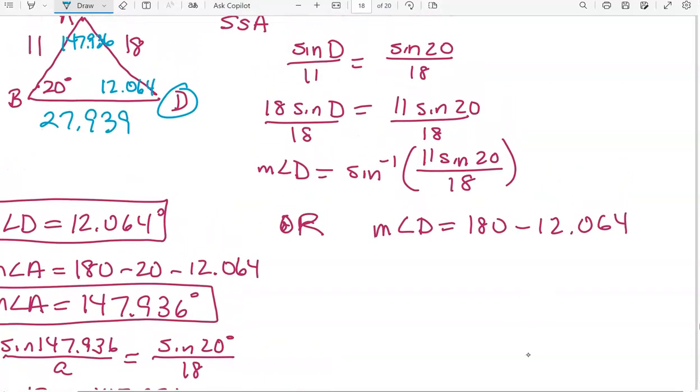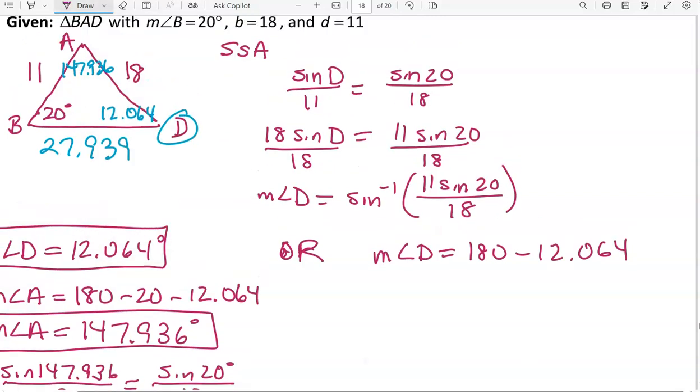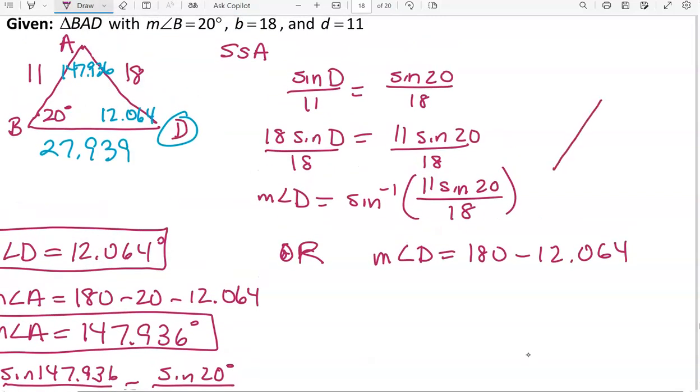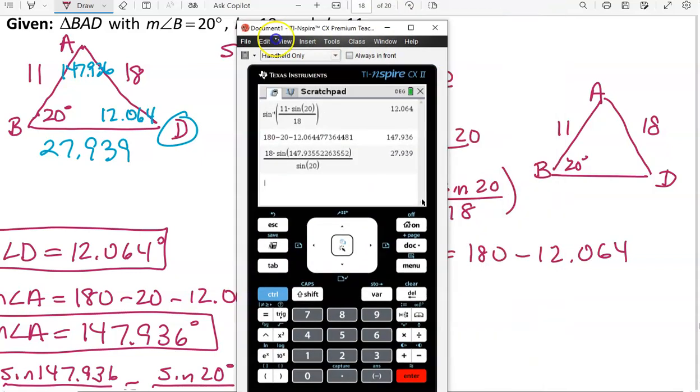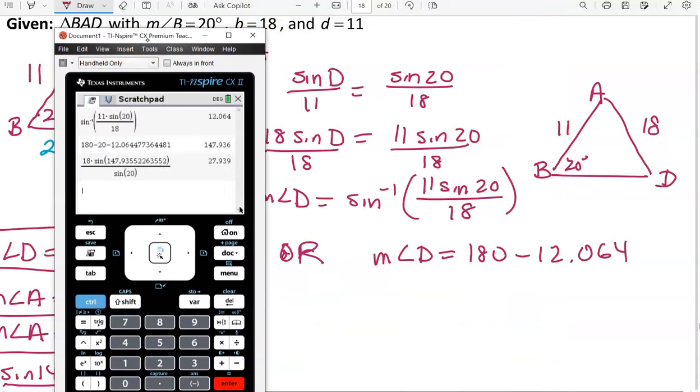So I'm going to redraw triangle BAD over here to reference our second solution and put in the given information, and then make that calculation for the supplement of the angle D that we found in the first solution.